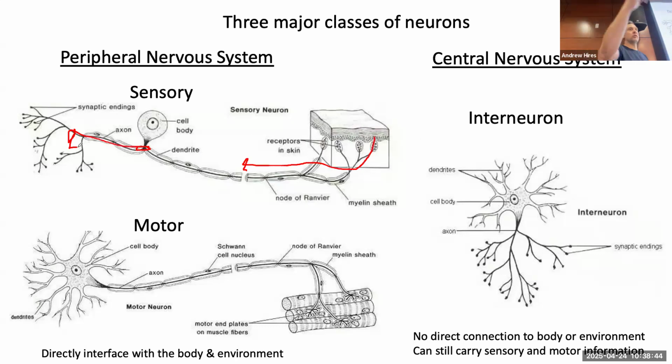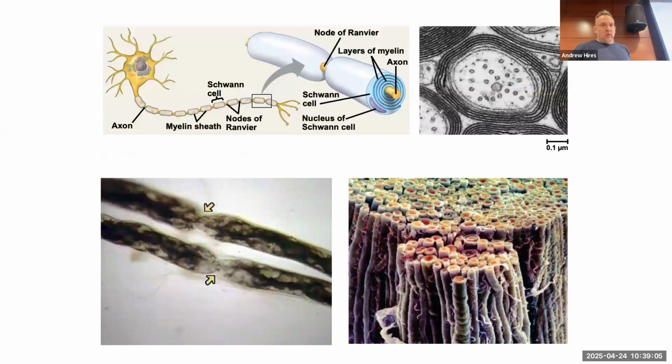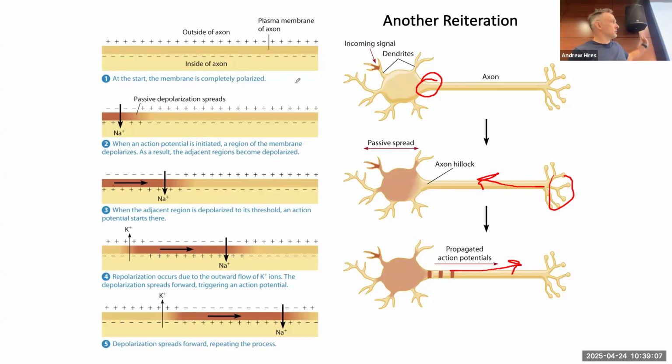So sensory neurons are a specialized form of neuron that allows the initiation of action potentials in the periphery and the propagation of that down an axon. So they're weird. It's like they've got an axon going in two different directions. All right. So that's talking about unidirectional propagation.